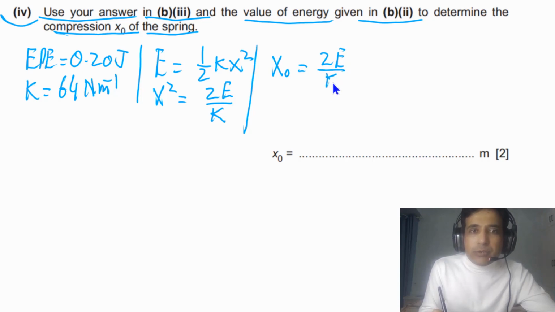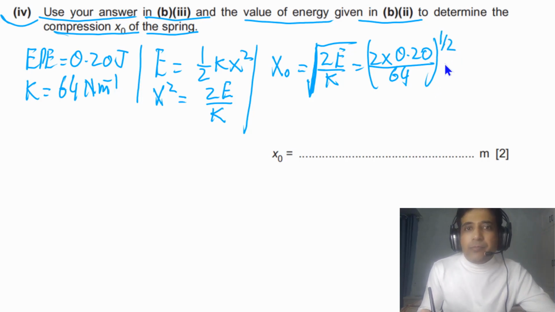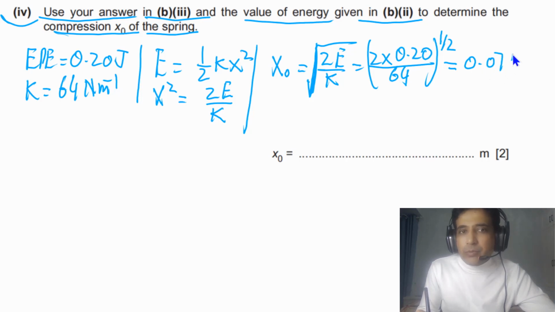So x is the square root of 2E divided by k. Now we can plug in values. E is equal to 0.20, divided by K equal to 64, and we need to take the square root. If we solve this, the value of x will be equal to 0.079 meters. So this is our final answer up to 2 s.f.